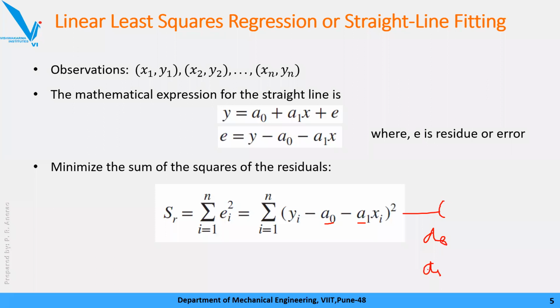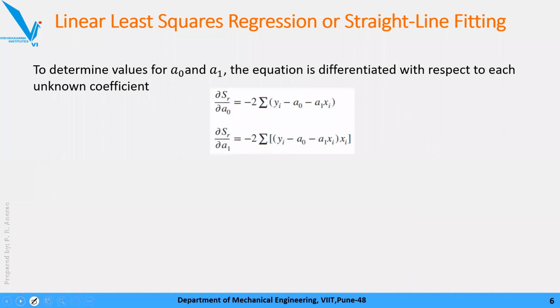That means I will get two equations, and I equate those equations to 0 because we would like to make that 0. Our aim is that the summation of the squares of the error should be 0. Based on that we get two equations like this.